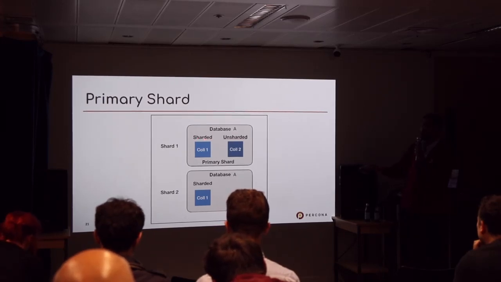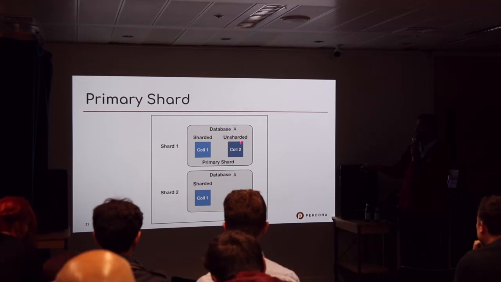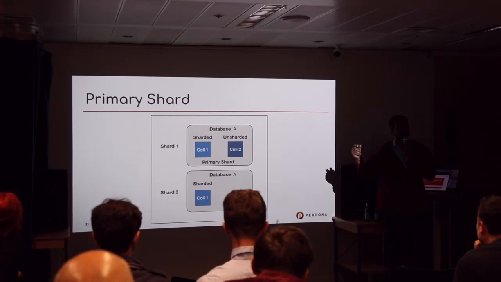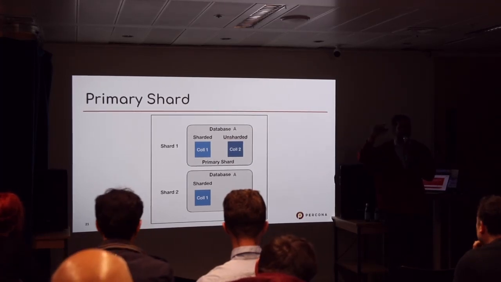You have the choice to shard or not shard. If you want to keep some collections unsharded, you can. When you keep those unsharded collections, they go into the primary shard. That means even though you have multiple shards, for one particular database you will have a particular shard as the primary shard.